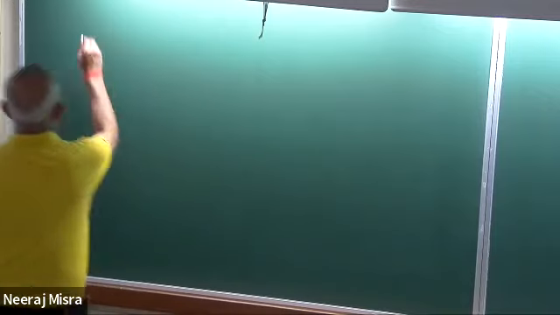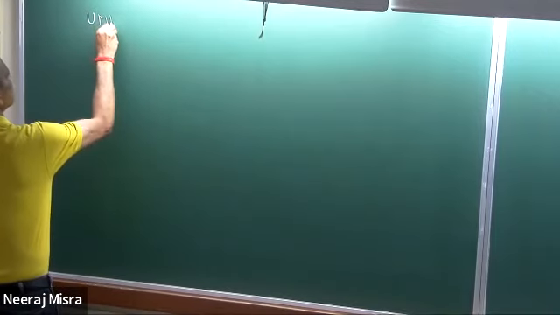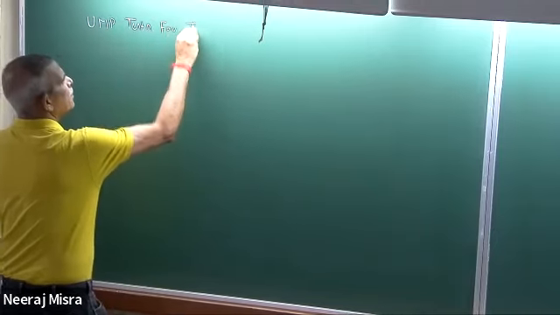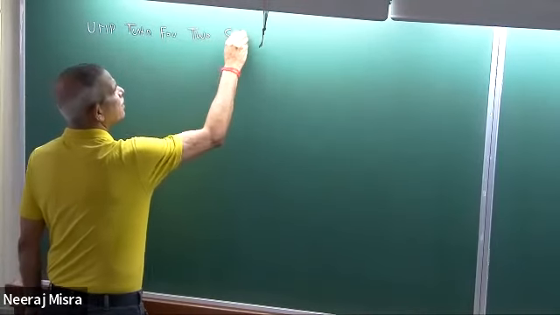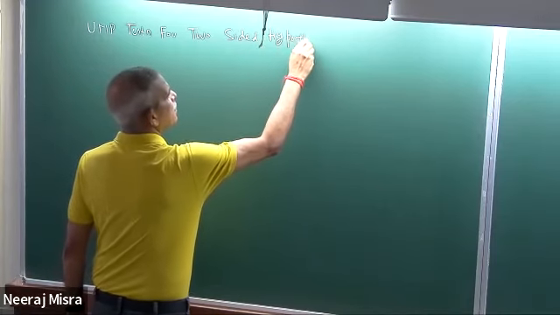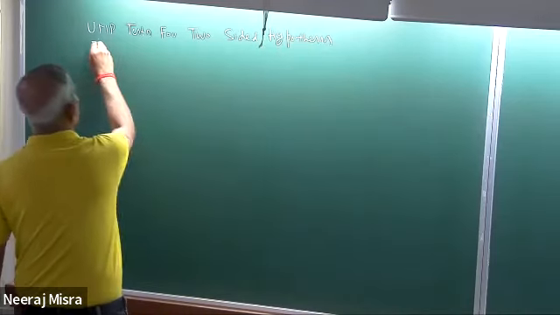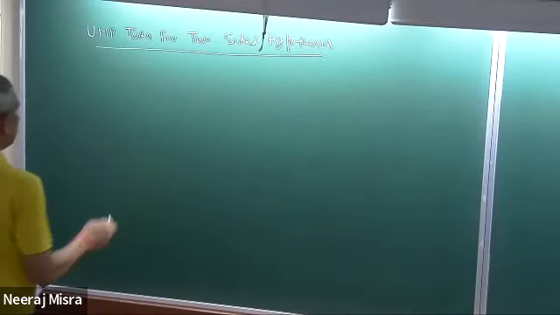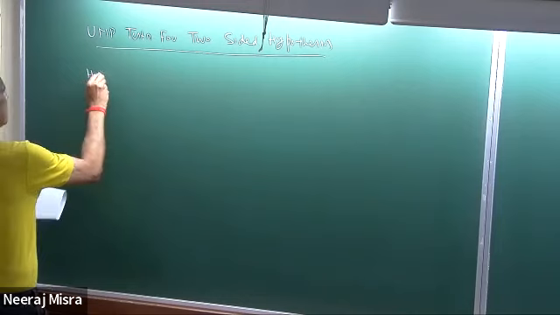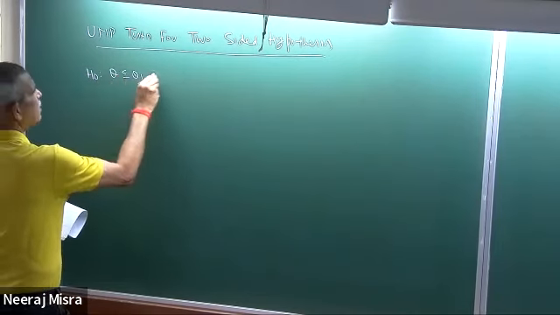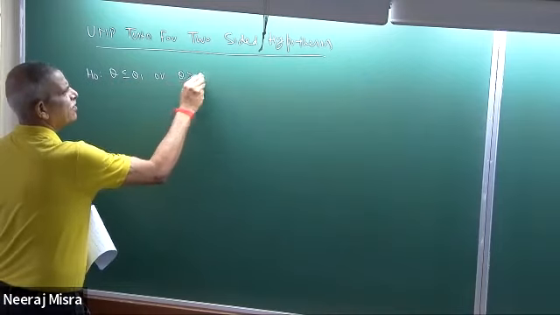So UMP test for two-sided hypothesis. Let us consider the following hypothesis: H naught that theta is less than or equal to theta 1, or theta is greater than or equal to theta 2.